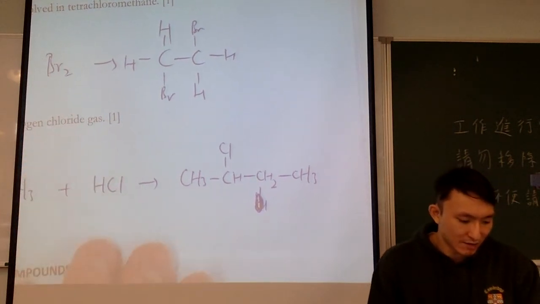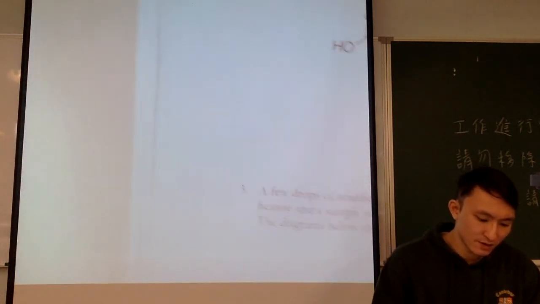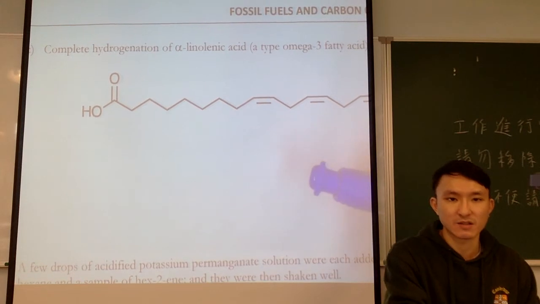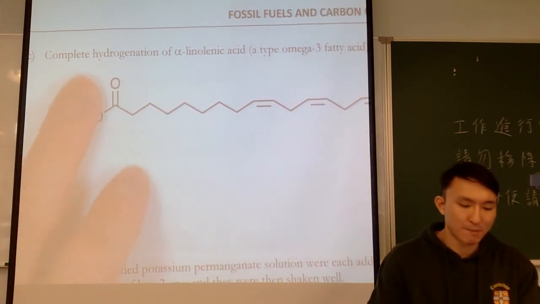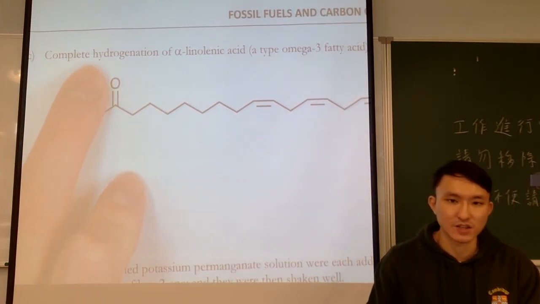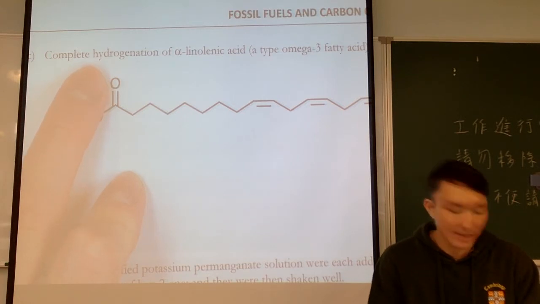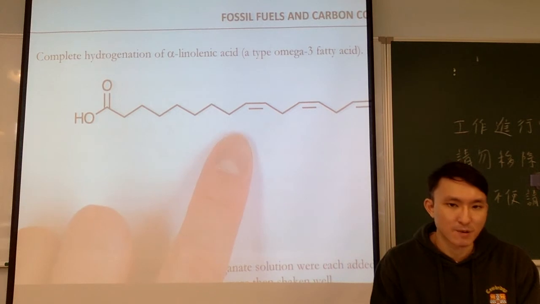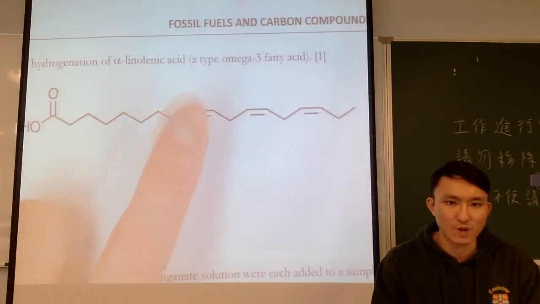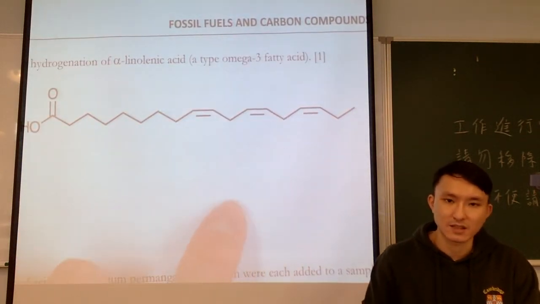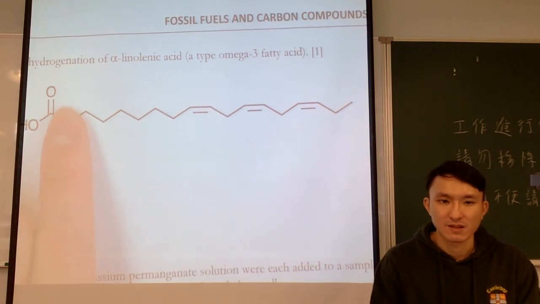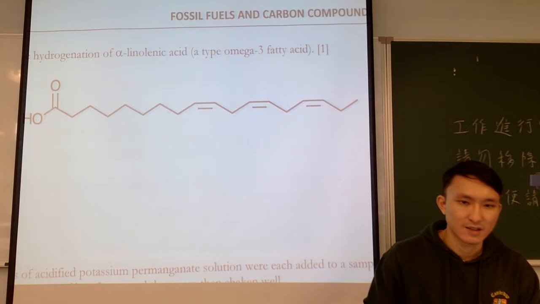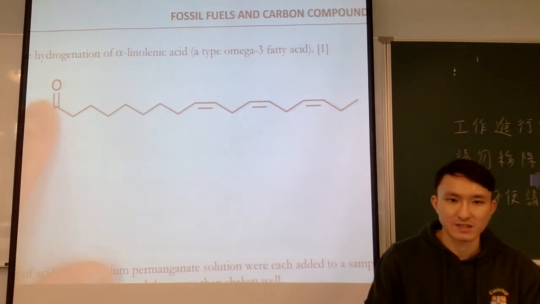Okay. Now let's move on to this one. Looks like it is complicated, but actually it is not. Complete hydrogenation. Hydrogenation is the addition reaction with hydrogen gas. Now, you know, hydrogen can react with the CC double bond. So here we have 1, 2, 3 CC double bonds. Now this one, CO double bond, does it react with hydrogen? The answer is no. So this one is not affected.